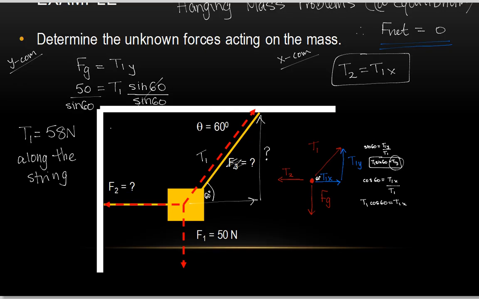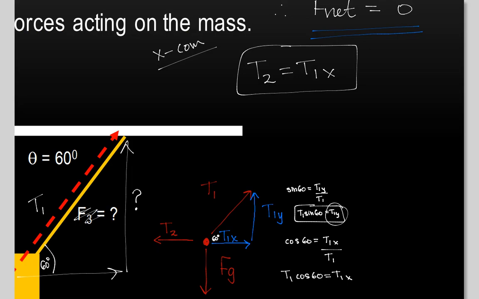Okay, so T1 cos 60 is the value for T1x. So I can solve for T2 now. T2 equals T1 cos 60.